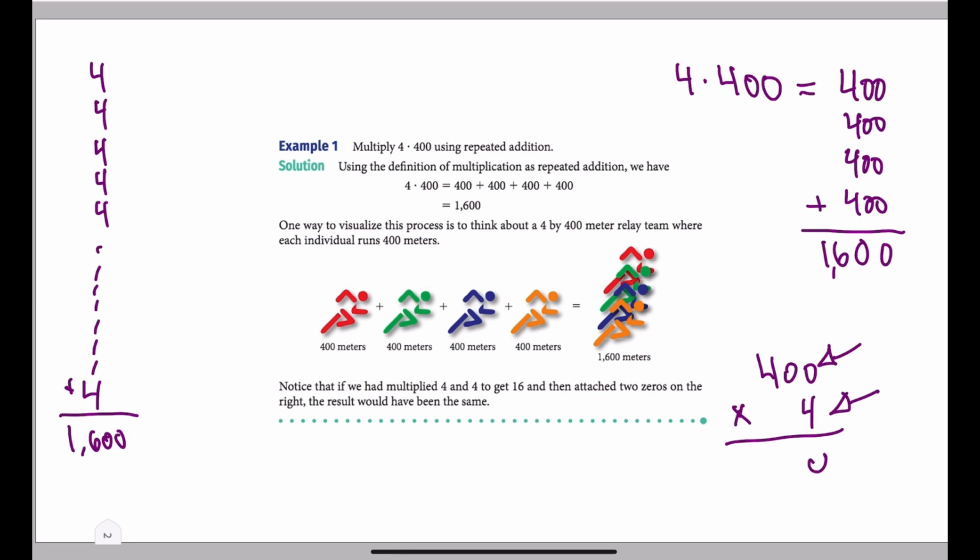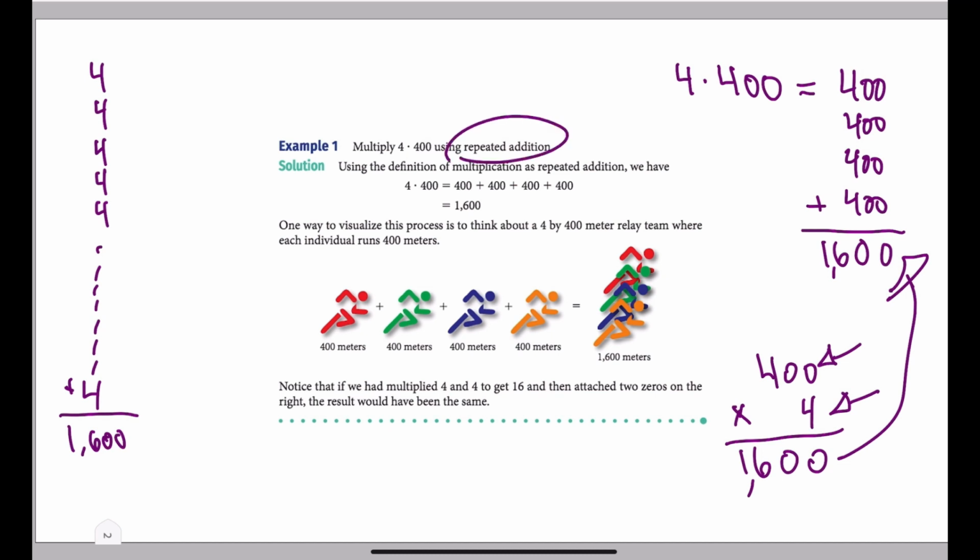So 4 times 0 is 0, 4 times 0 is 0, 4 times 4 is 16, and sure enough, that checks out with what we get when we add it up. And so that's how multiplication works. Multiplication is repeated addition. It says it right here, and you might have heard it before.